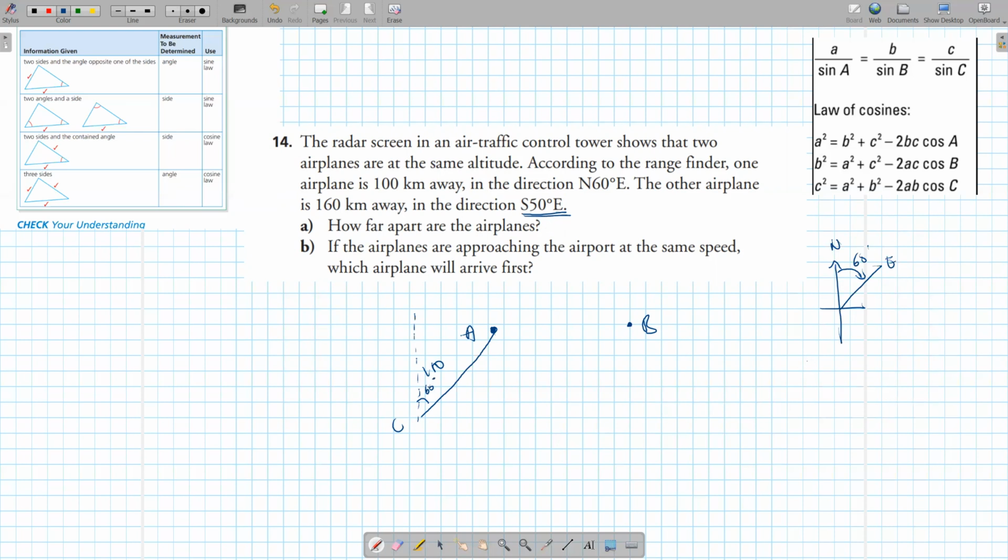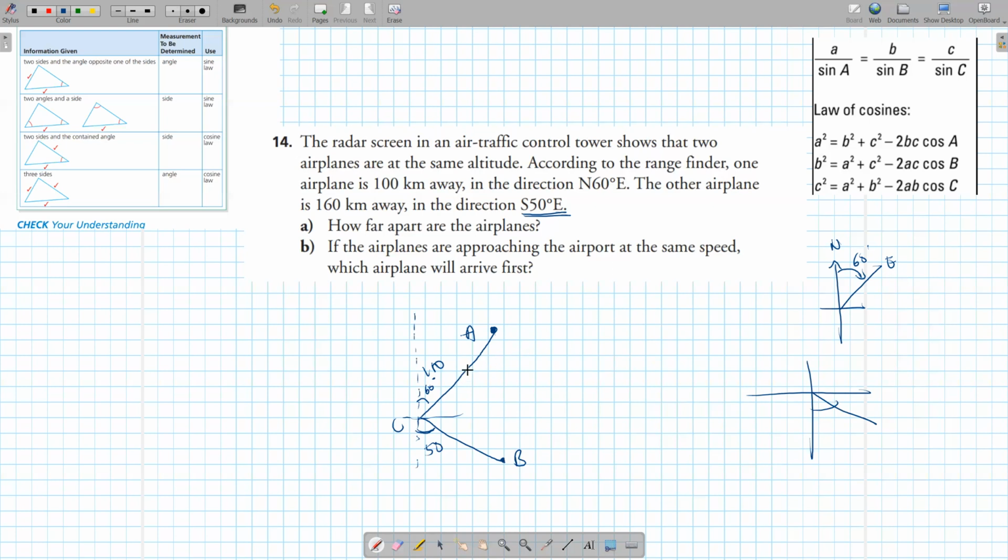You go south first, and then you go 50 degrees this way. So actually B is not going to be there. B is going to be somewhere here. From this position, this is the vertical, this angle is 50, and airplane B is here, like that.